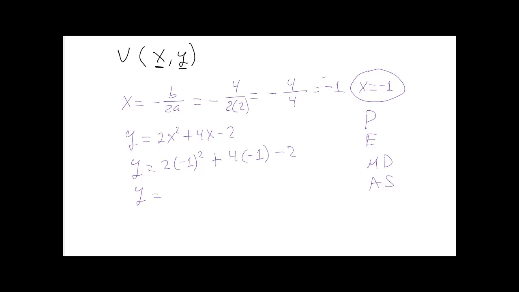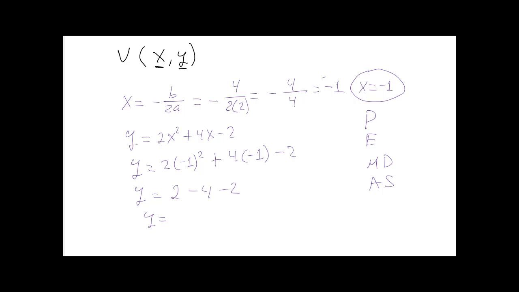Okay, then we have parentheses, but we don't have operations inside, but we have an exponent. Negative 1 to the second power is positive 1, times 2 is 2, plus 4 times negative 1 actually is minus 4, minus 2.